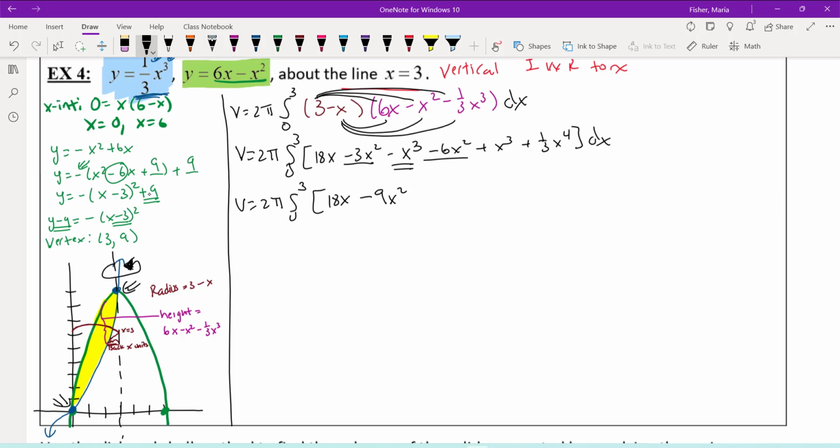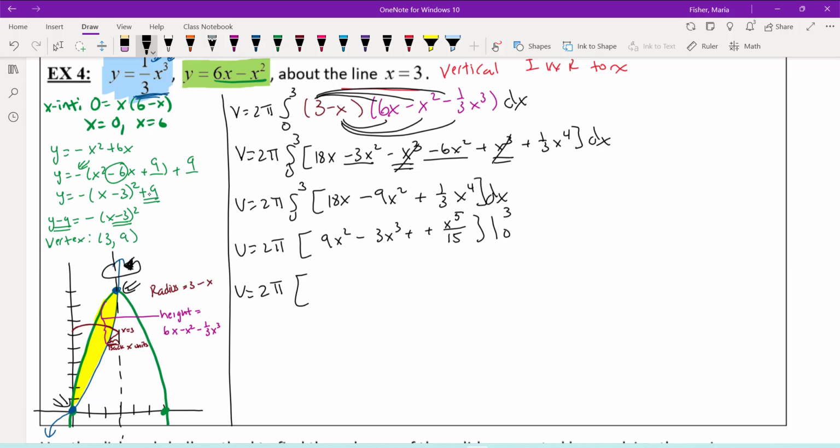A negative x cubed plus an x cubed will cancel, and then plus 1/3 x to the 4th dx. Integrating, dividing this by 2, we have 9x squared. Dividing this by 3, we have 3x cubed. Dividing this by 5, we'd have x to the 5th over 15. And this gets evaluated from 0 to 3.